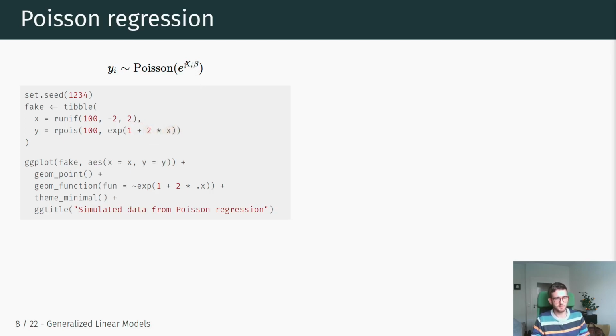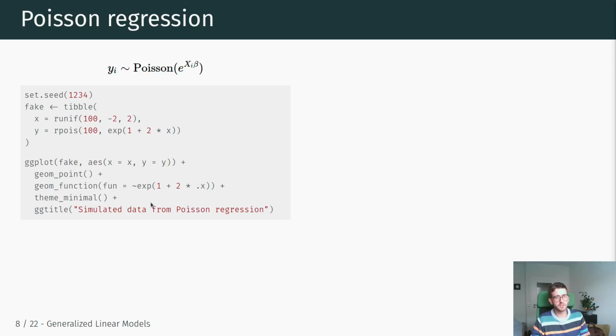So we're plugging in our systematic component as well as the link function right away. We're plugging in our predictor x that is drawn from the uniform distribution, and we have an intercept of 1 and a coefficient for x that is equal to 2. So that's our true data generating process, and we're going to estimate a few models in a second based on this fake data.